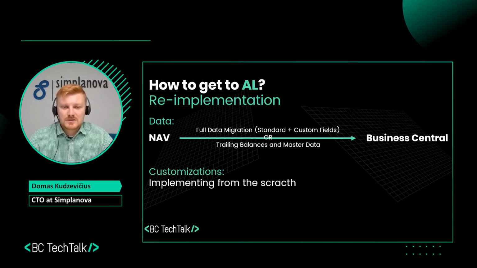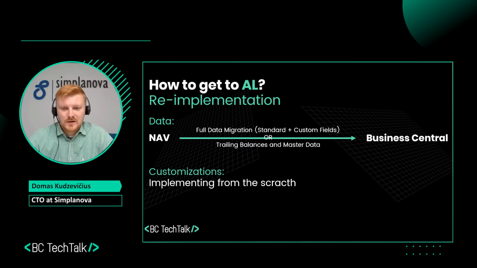You're just starting to document, to design the functionalities, to try to get the functional requirements and start implementing it from scratch. What are the benefits of this side? First one, from my point of view, is of course you can get rid of the functionalities which are no longer in use or outdated.